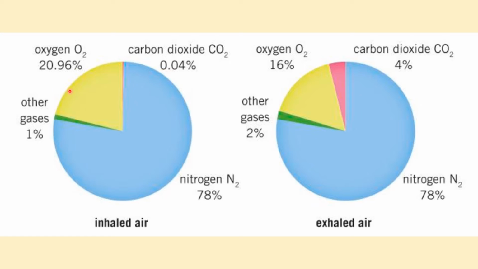The oxygen, on the other hand, in inhaled air is 20.96%. We usually just say it's 21% oxygen going in, so 21% oxygen in inhaled air, and in exhaled air there's 16% oxygen. So the reason for that is your body is using some of that oxygen in respiration and it's turning it into carbon dioxide. So that's why the percentage of carbon dioxide in inhaled air is 0.04% and in exhaled air it's 4%.